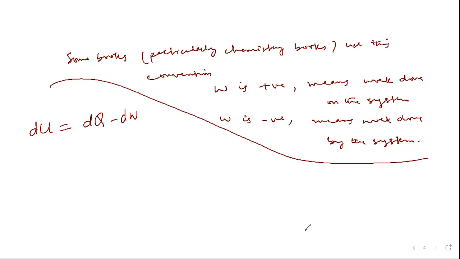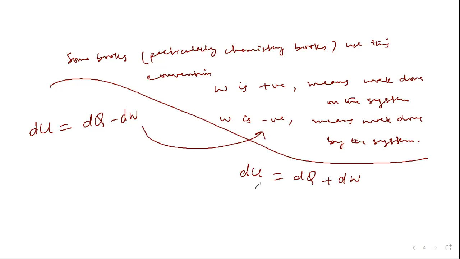Right? Or I can say the internal energy of a system can only be changed by the flow of heat or work across the boundary between the system and the surroundings. Got it? Now, if same equation is written according to the other convention, it will be written as dU is equal to dQ plus dW.